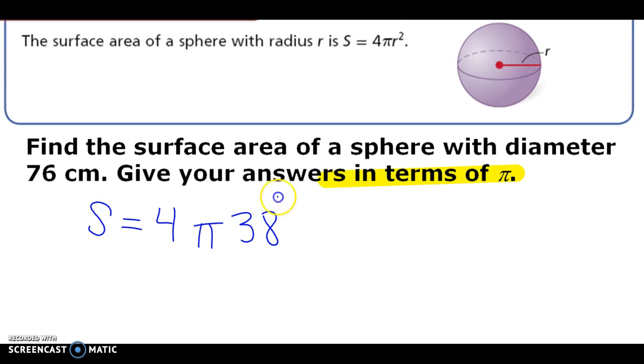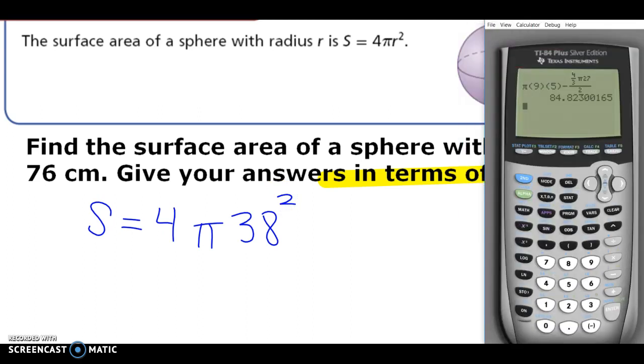And it's 38 squared. To leave it in terms of pi, we're going to put the actual numbers in the calculator, so 4 times 38 squared. And then we can multiply it by pi in our answer.